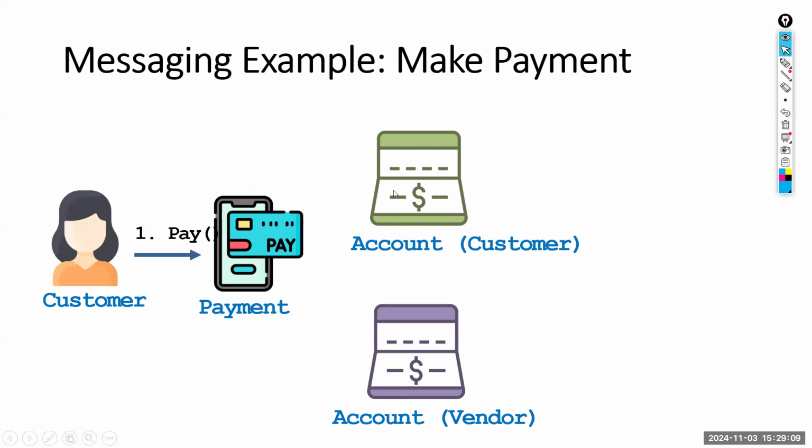So your payment object sends a message to, actually, there are two account objects created. One account object for you, the other account object for the Somerset account. Then there's a message passed to your account object, calling the debit method. Debit means reduce the balance.